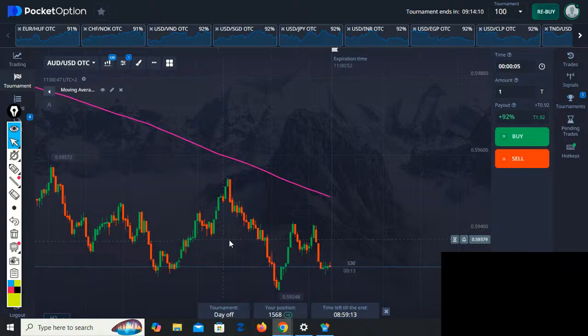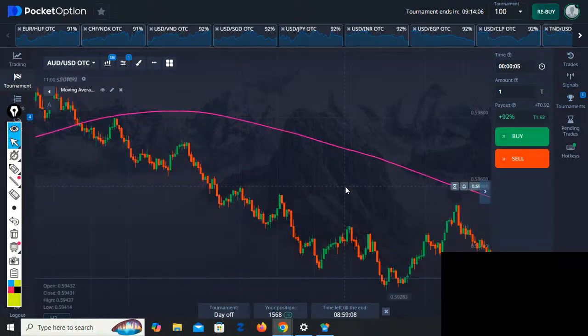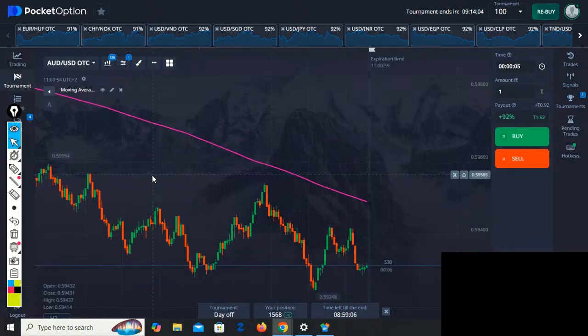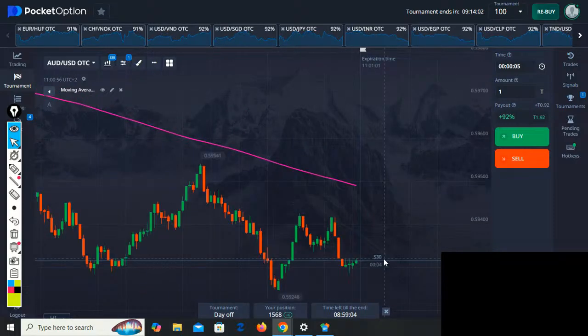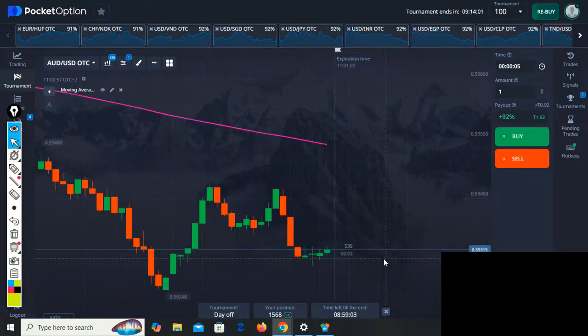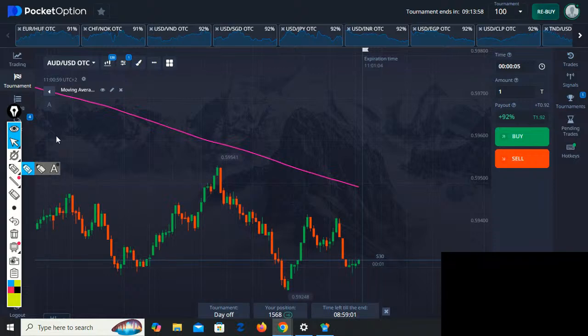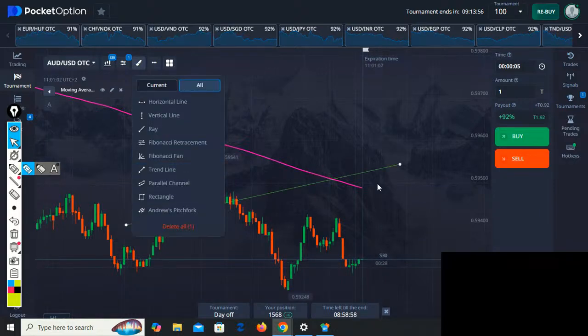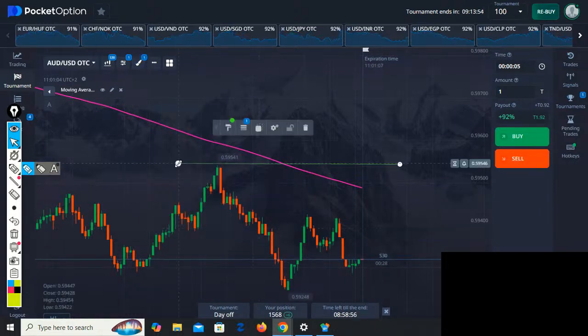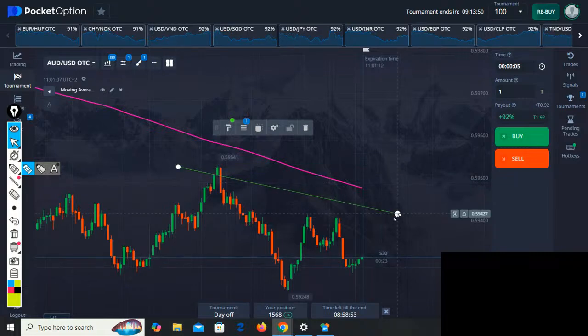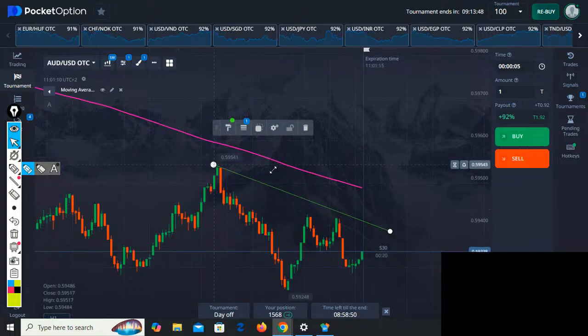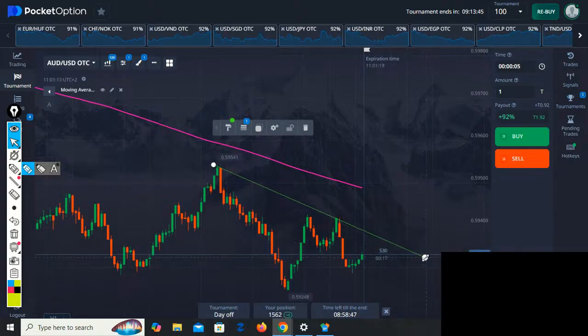So keep watching. Okay. So actually, this is a nice, very powerful trend to the downside. Bruce Lee is with us. So I'll be looking for sell trades. And we have, let's see here, a higher high, and then the pair couldn't do a higher high. So this is your trend line.